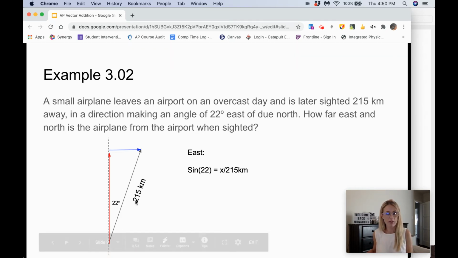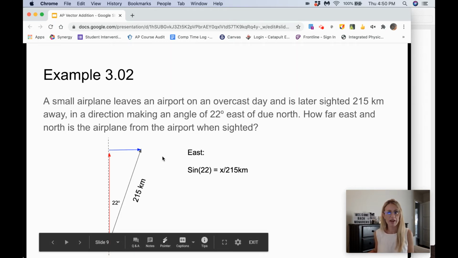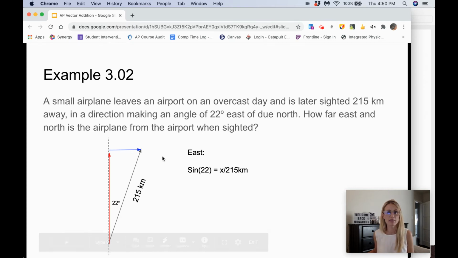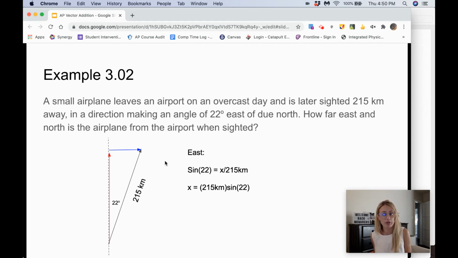Opposite over hypotenuse. Okay, next I'm going to multiply both sides by 215 to get rid of it on the denominator on the right-hand side. So I end up getting x is equal to 215 times the sine of 22. Make sure your calculator is in degrees for this. This is 22 degrees. We'll talk about radians later and confuse you guys a lot.